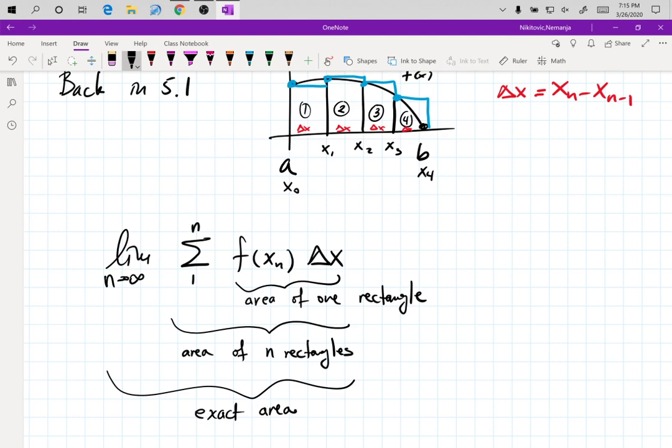And that's how this becomes the integral from a to b of f of x dx, which we defined as the Riemann integral in Calculus 1. So from one rectangle, which is height times the width, you then add a whole bunch of them together, and then you send that finite number n, which in this case is 4 because we have 4 rectangles, to infinity.